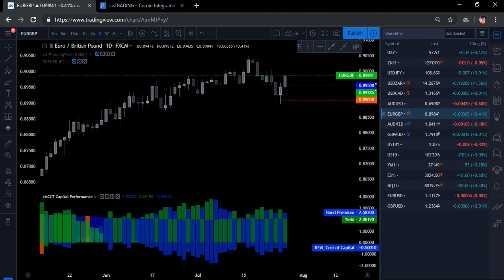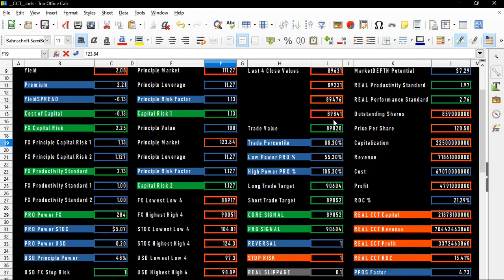Do you see how accurate that is? I never put the price of the currency pair in there. I didn't put the price in there at all. All I put in there were the close values and the range, and the Forexometer calculates that we should be trading around 89.82.8, and we're at 89.84.